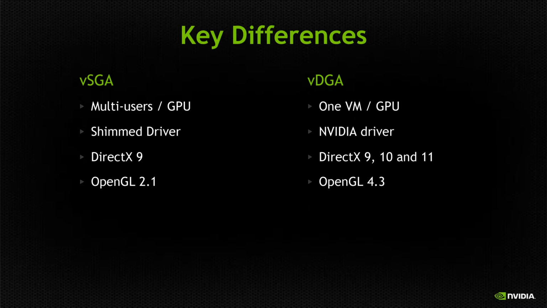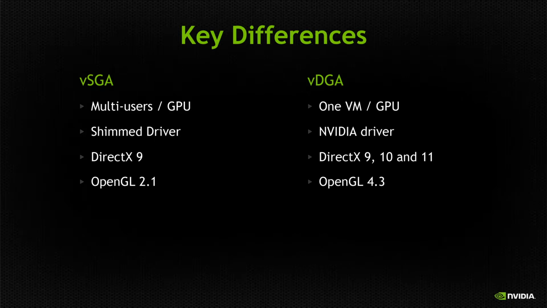Again, VSGA uses a shim driver, and it supports only up to OpenGL 2.1 and DirectX 9. In future versions of VSGA, it's not clear if they're going to increase the DirectX and OpenGL version support, but in the current implementation, those are the limitations.